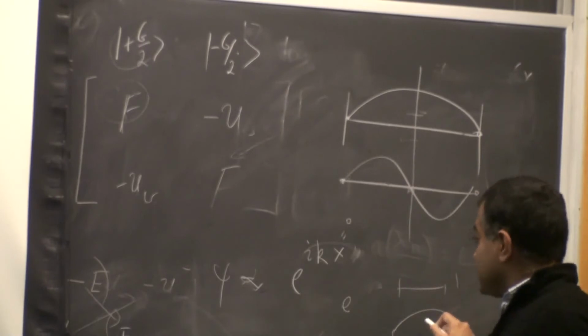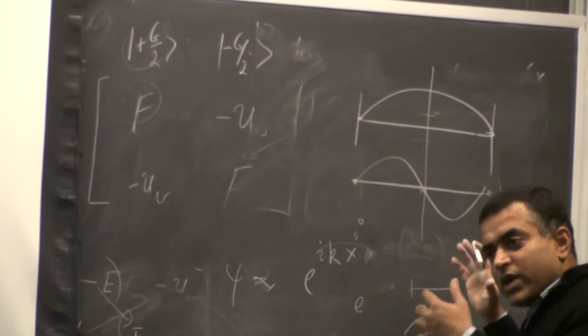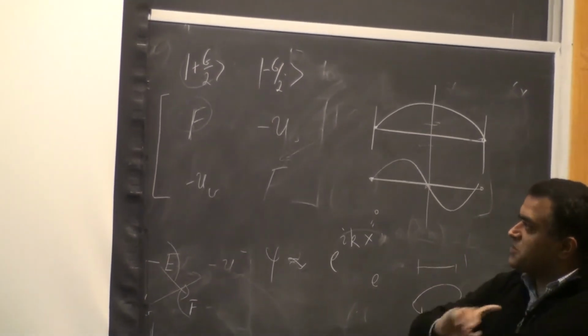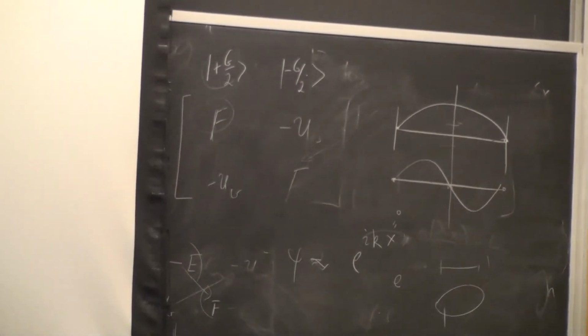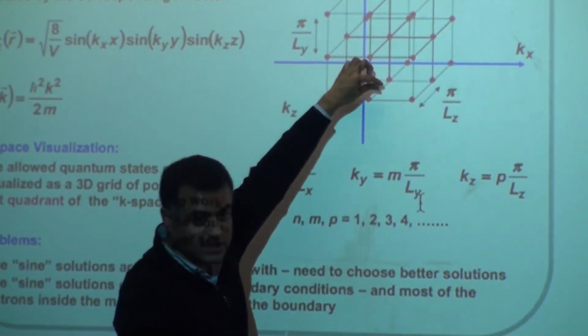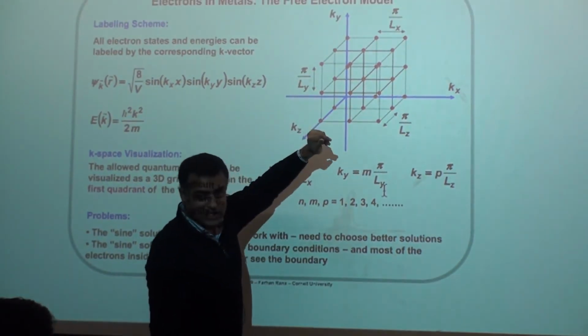And because of that, and you triple it in 3 dimensions, you get 8. You have 1/8 the allowed number of states in hard wall compared to periodic, so all the states are here. All these states are here. They are just closer. The same number of states, but they're all in the first quadrant now.